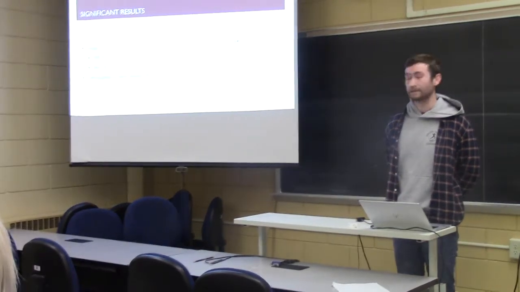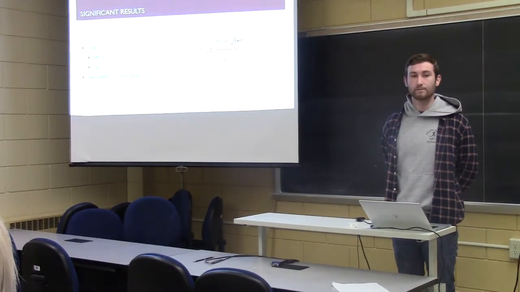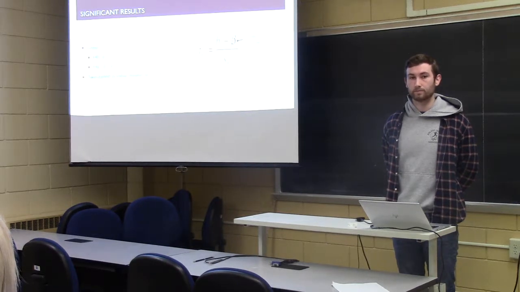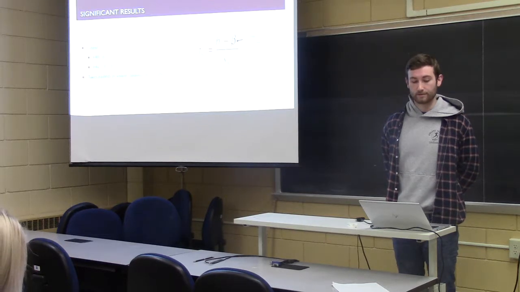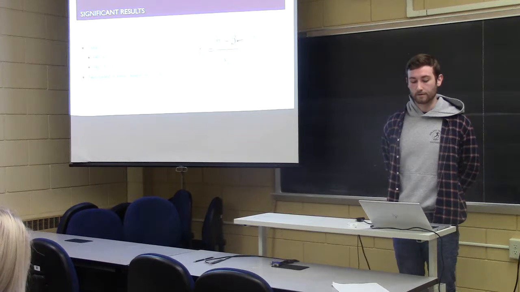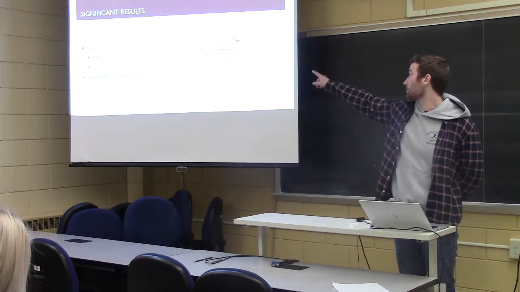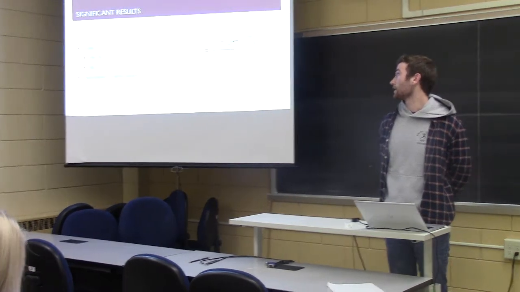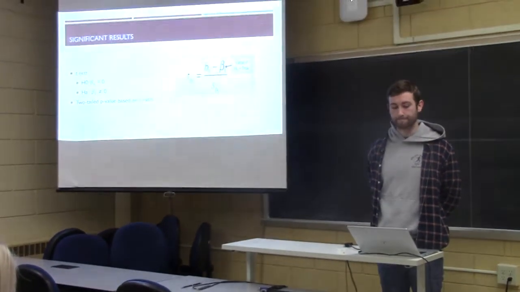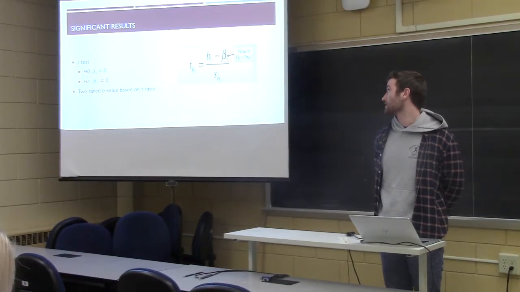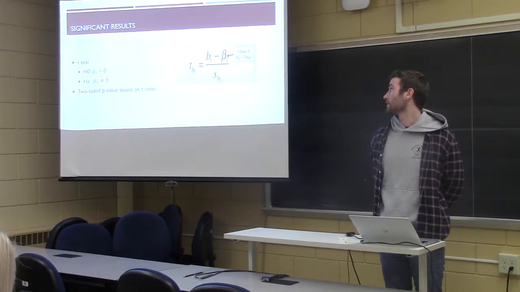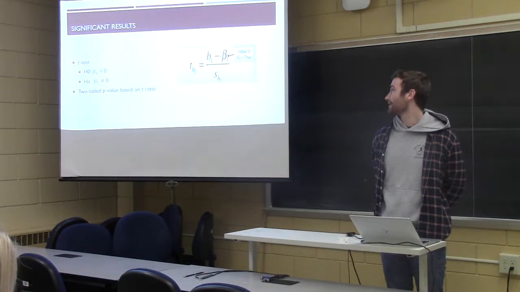To test for significant results, you run a t-test on the beta 1 to see if x helps explain y. Your null hypothesis for this would be beta 1 equal to 0, and your alternative beta 1 not equal to 0. For your t-test, that lowercase b1 is your estimate for beta 1, and then you subtract the value if the null is true, so that would be 0, and then you divide by the standard error for b1.